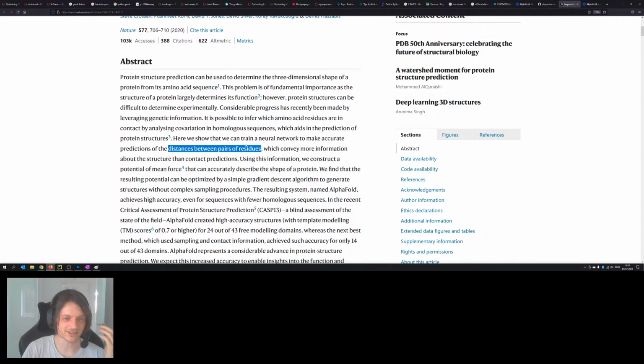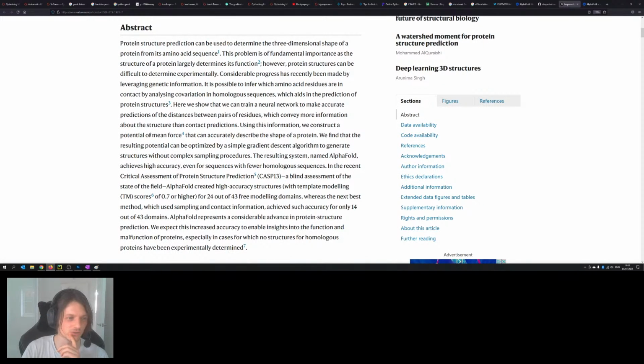That is a correlation, wow. Using this information we construct a potential of mean force that can accurately describe the shape of a protein.